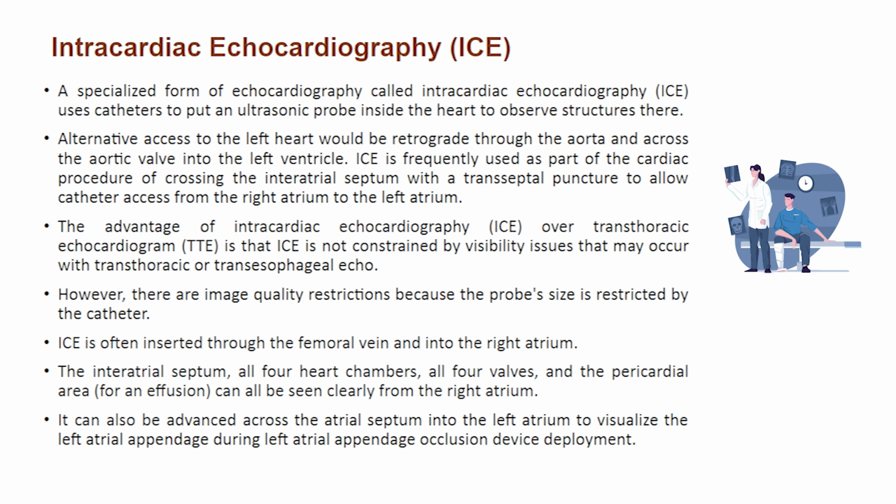Alternative access to the left heart would be retrograde through the aorta and across the aortic valve into the left ventricle. ICE is frequently used as a part of the cardiac procedure of crossing the interatrial septum with transseptal puncture to allow catheter access from the right atrium to the left atrium.